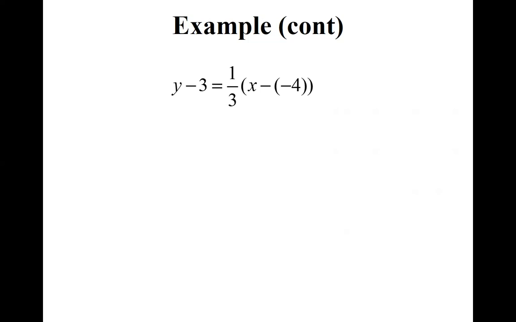That gives us y minus 3 equals 1/3 times x plus 4, since minus a negative is plus. And then we could multiply both sides by 3 to clear the fraction.